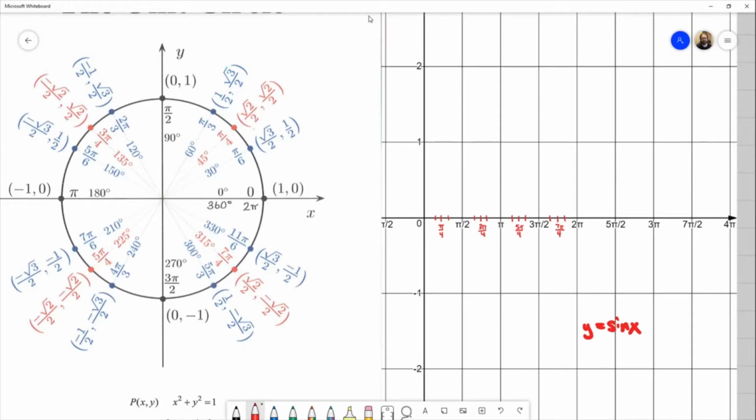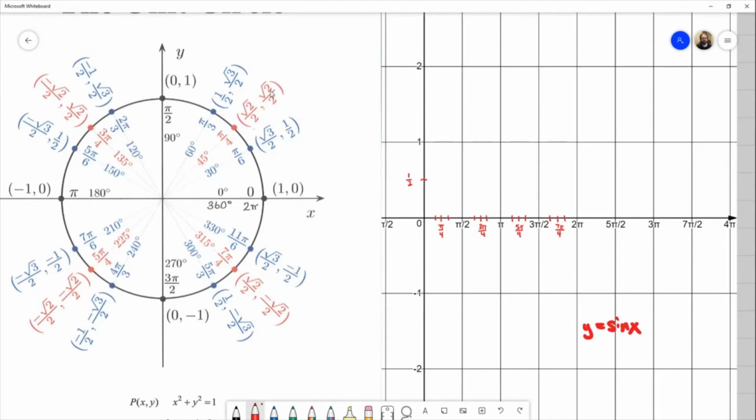Now along our y-axis, our values here for sine, remember we're looking at the y components of the points. We have four primary values: 0 and 1, which are easy to identify. We've got 1/2 along the y-axis that we need to identify.